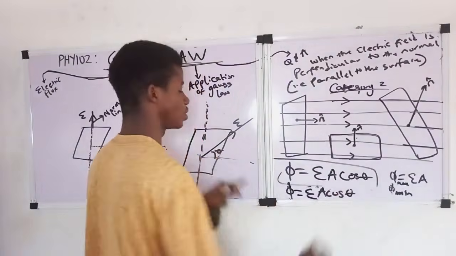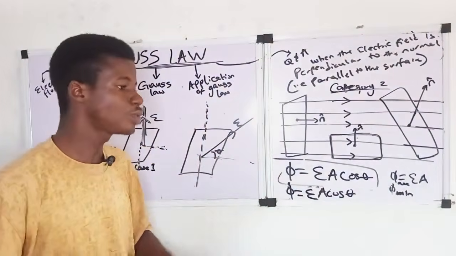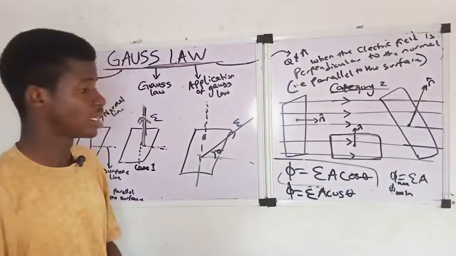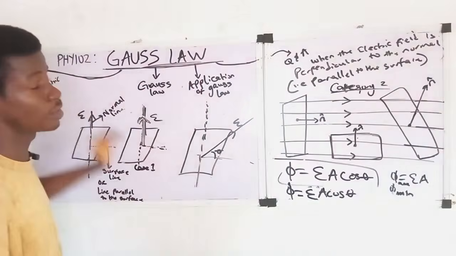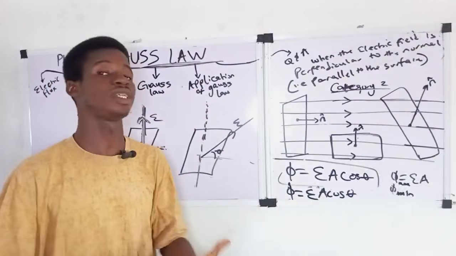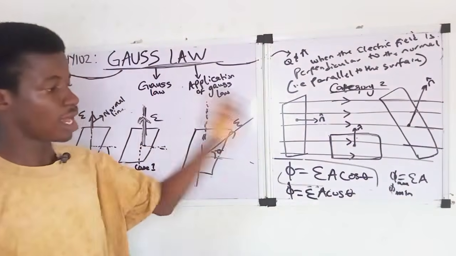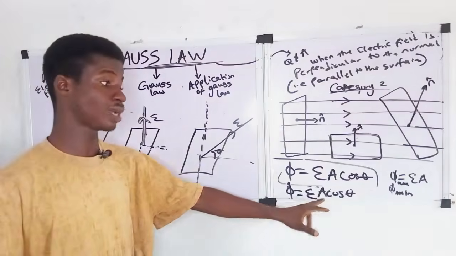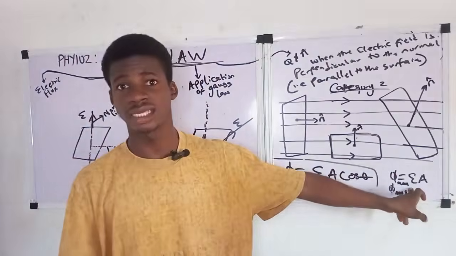Which is this very first formula. What is electric flux? The electric flux is the product of the electric field passing through a given area. So from this scenario you can find out that electric flux is usually EA when it's maximum, right?